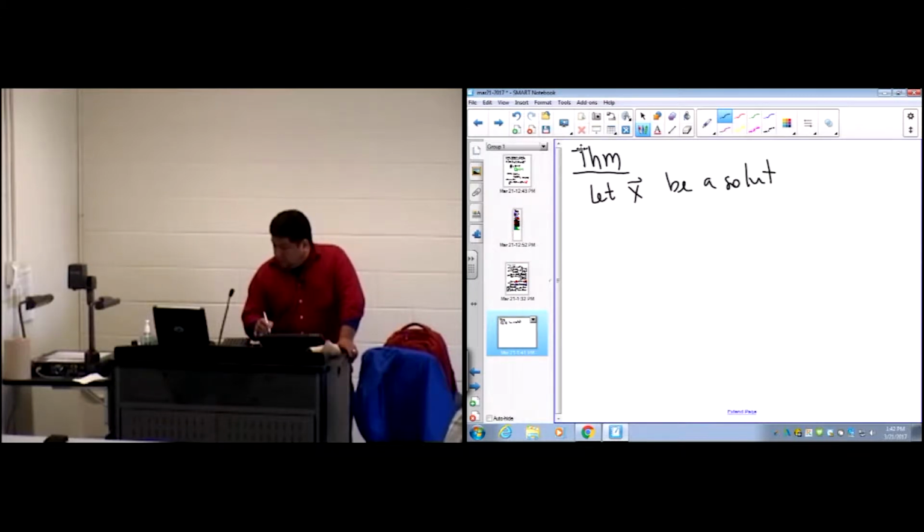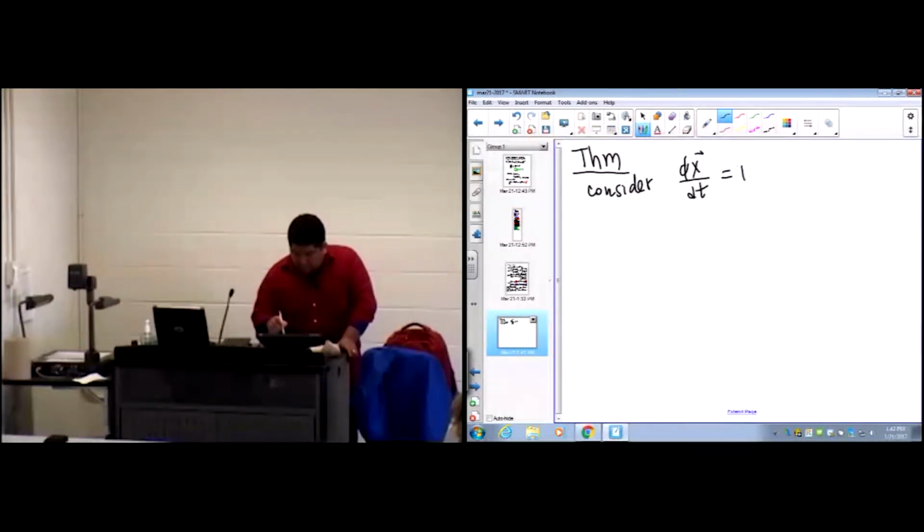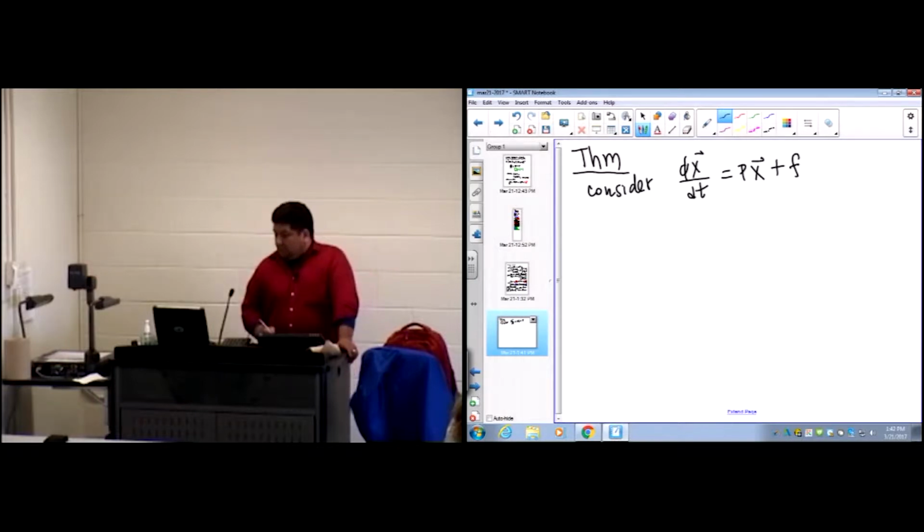Consider the linear system dx/dt equals Px plus F. This is a linear system of ordinary differential equations, and suppose x sub p is a solution, called a particular solution.